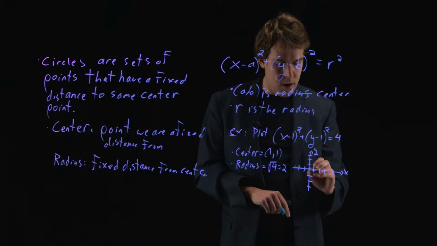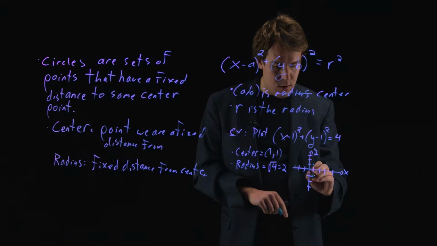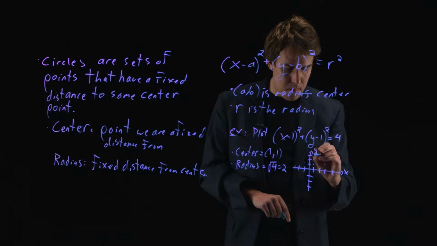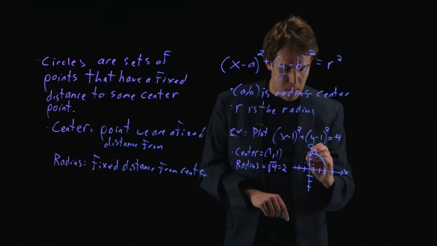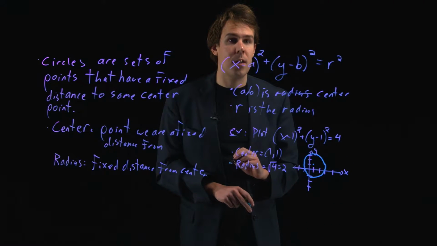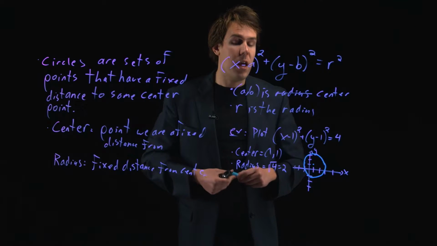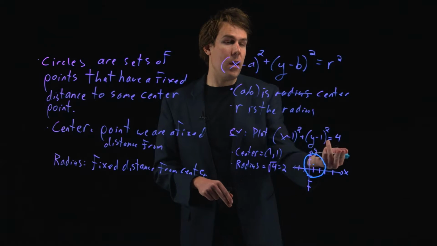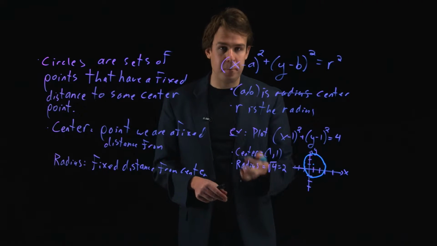So here, here, here, here. So something like this. So this is how you want to interpret the formula for a circle. You want to understand what the center is and also what the radius is.